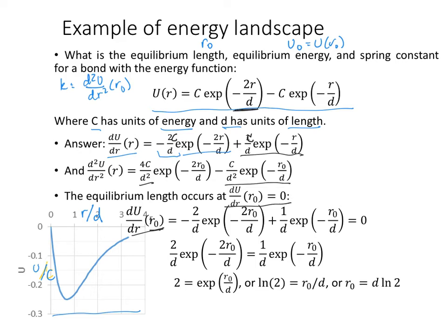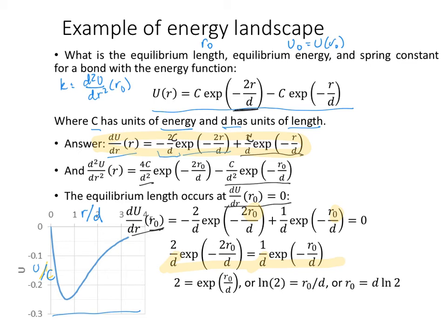So we will plug in R naught here and here into our function for the derivative up here. And then we simplify. We'll set these two equal to each other from what we had above. Then we will knock out the 1 over D, and we'll also combine the two exponents here.